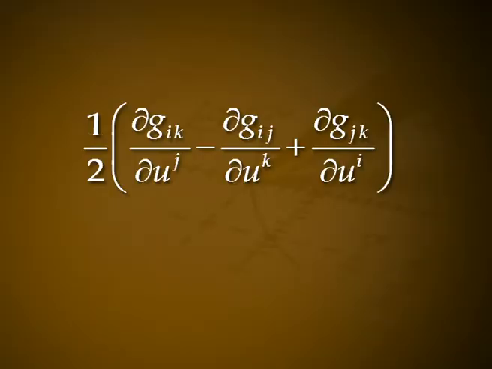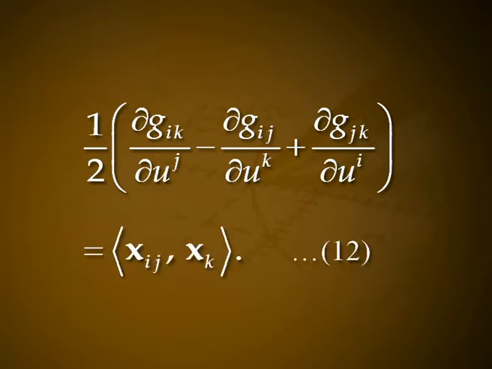Since we assume that x is of class C^3, x_ij is equal to x_ji. Hence, we may combine equations 9, 10 and 11 to obtain 1/2 times (∂g_ik/∂u^j minus ∂g_ij/∂u^k plus ∂g_jk/∂u^i) is equal to the inner product of x_ij and x_k. Equation 12.